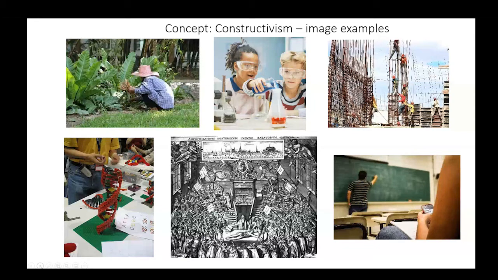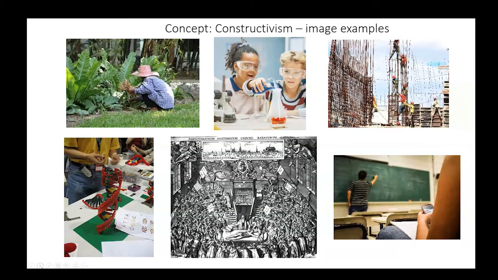And I have also prepared some handouts that can help with this. So you can see there is a person here doing some gardening, then there are children doing a little bit of a chemistry experiment. Then there is scaffolding as a type of metaphor that is very much a sub-concept of constructivism. Then there is a DNA helix model.